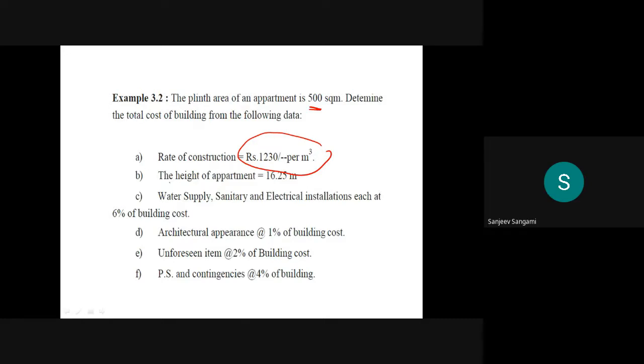The height of the apartment is 16.25 meters. Water supply, sanitary, electrical installations each at 6% of the building cost, so it is 6, 6, and 6. Architectural appearances, that is 1% of the building cost. Unforeseen items, that is 2% of the building cost. And contingencies, it is 4% of the building cost.